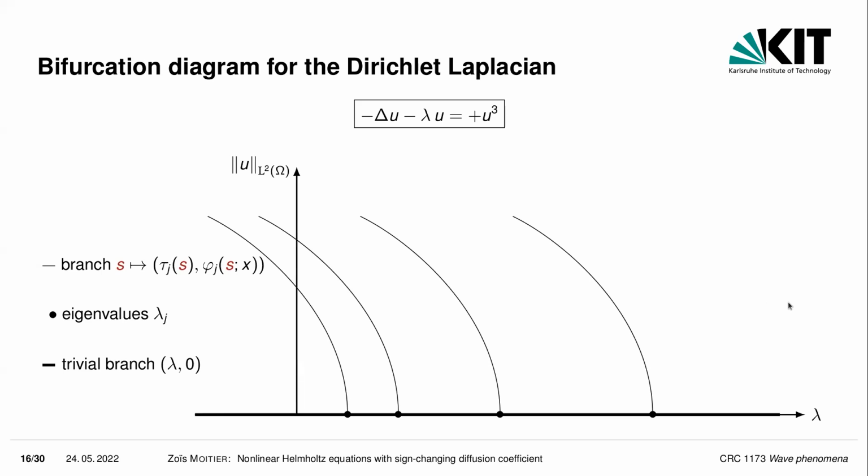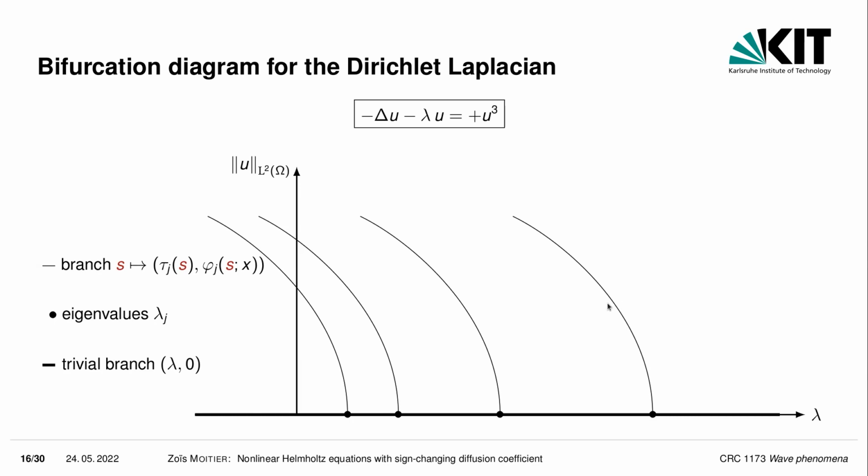So this is what is called a bifurcation diagram. So we bifurcate from these eigenvalues and have some curve. And so each point of this curve will correspond to a non-trivial solution.